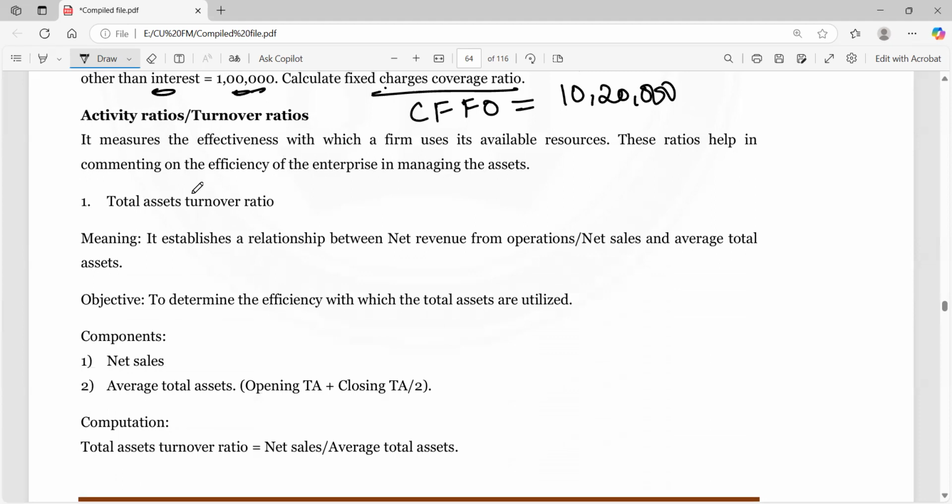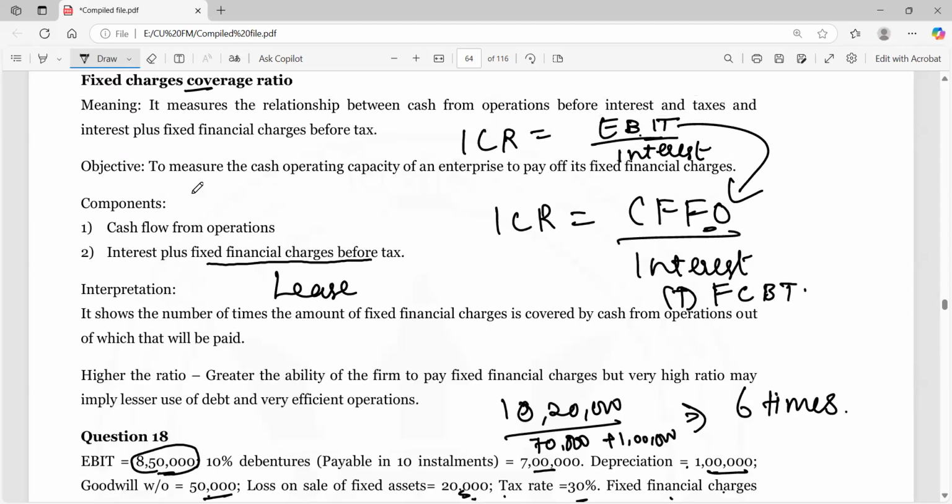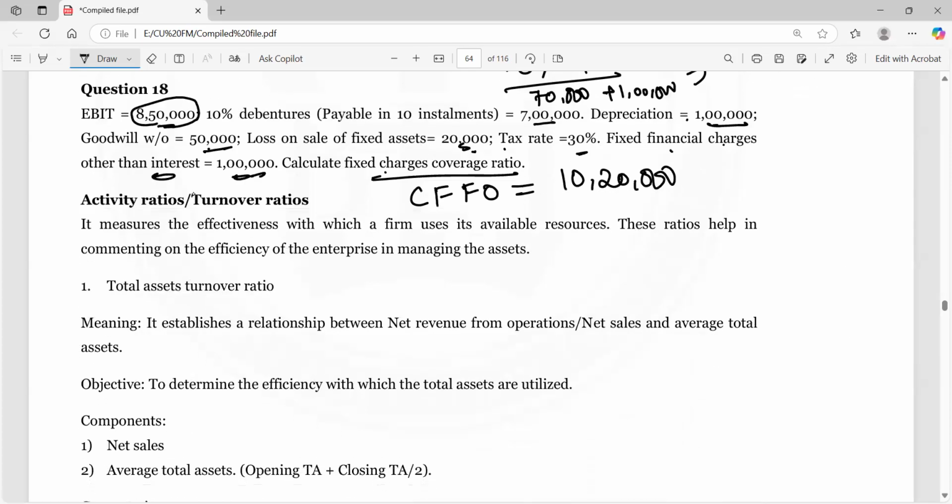Now, why 1 minus t? That is before tax. Here, look at the theory. Fixed financial charges before tax. That 1 lakh is also before tax only, not after tax. Did everyone understand this one? Any doubt in this? Clear?